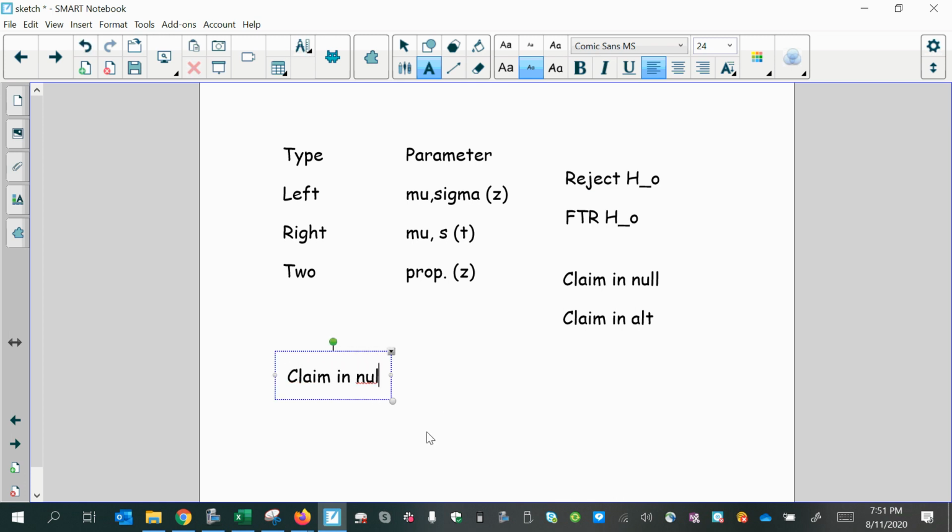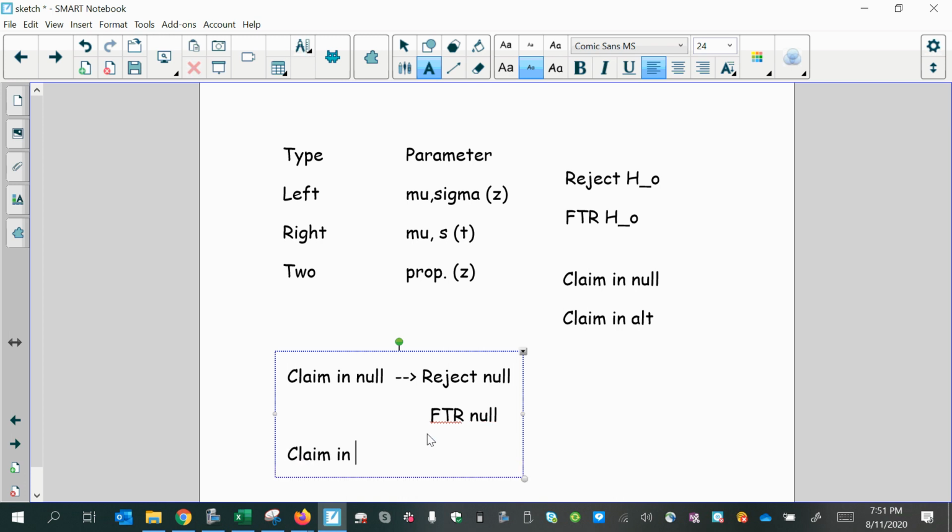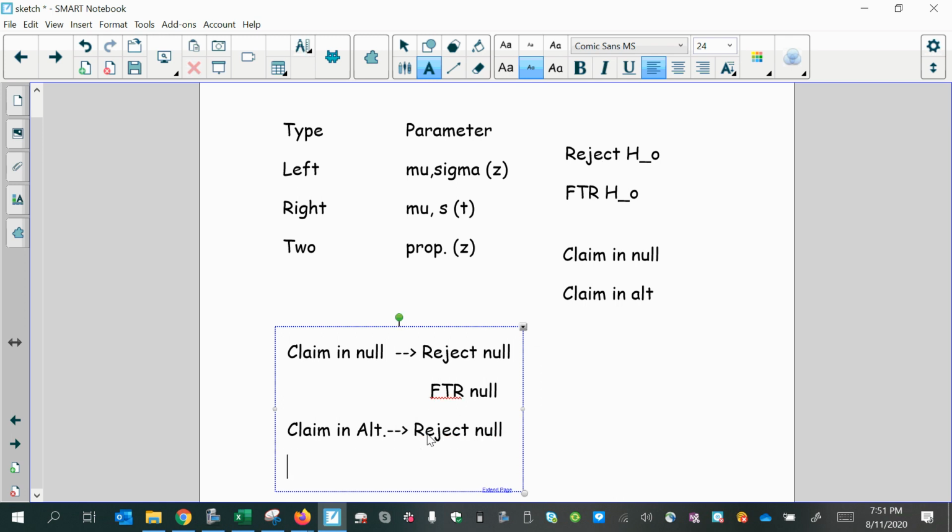The claim in the null, you will either then from there reject or not reject. And if the claim falls in the alternative, then we will still have the possibility of rejecting the null or failing to reject the null. So 4 different things.